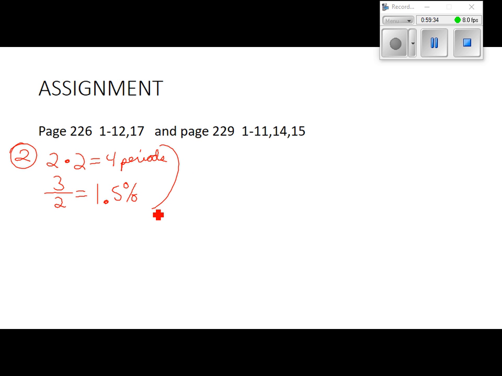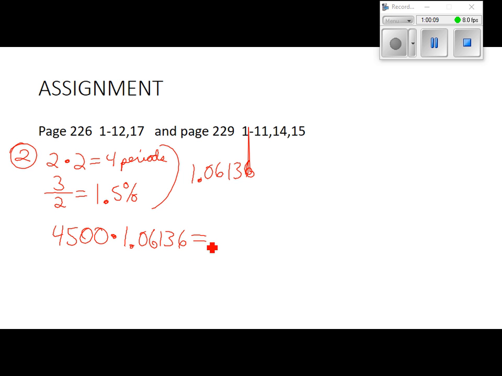Then we use those two things to find the number on the chart. So go down to 4 and over to 1.5. What's the number on the chart? 1.06136. That's a 6 there at the end. And then all we're gonna do is take our amount that Louisa put in, 4,500, times 1.06136.